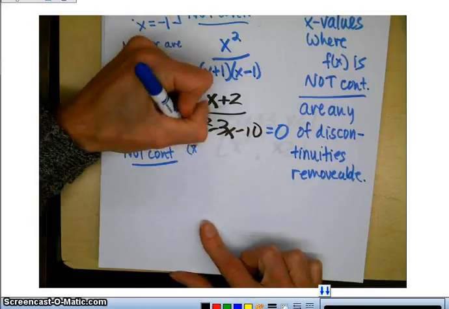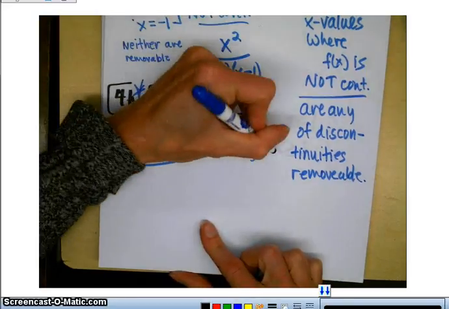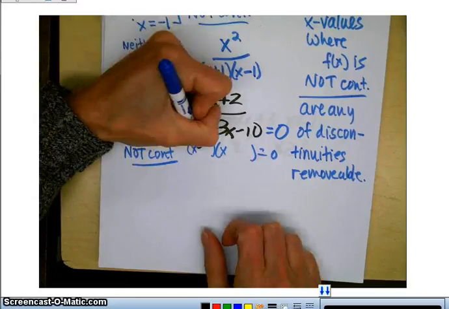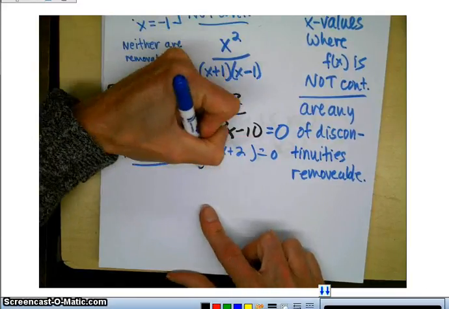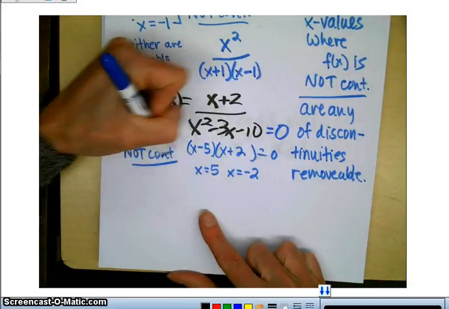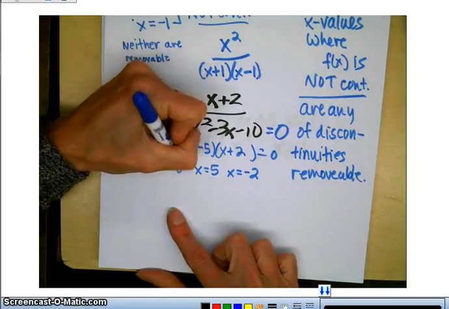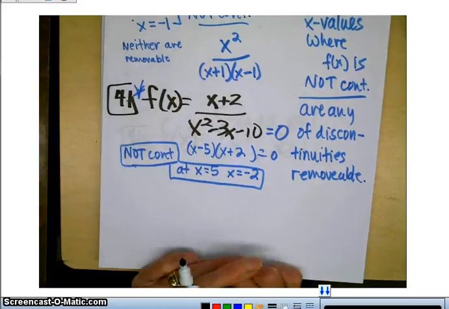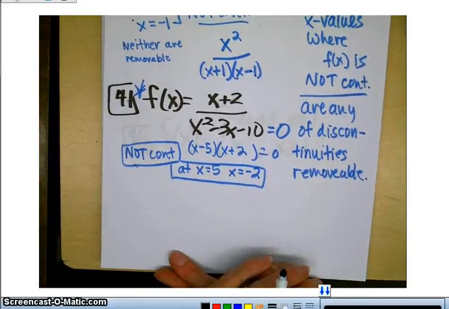So I factor the bottom. -10 multiplies by -10, adds up to -3: -5 and +2. So x equals 5 and x equals -2 are where it is not continuous. So it is not continuous at x equals 5 and x equals -2. That is discussing the discontinuity.